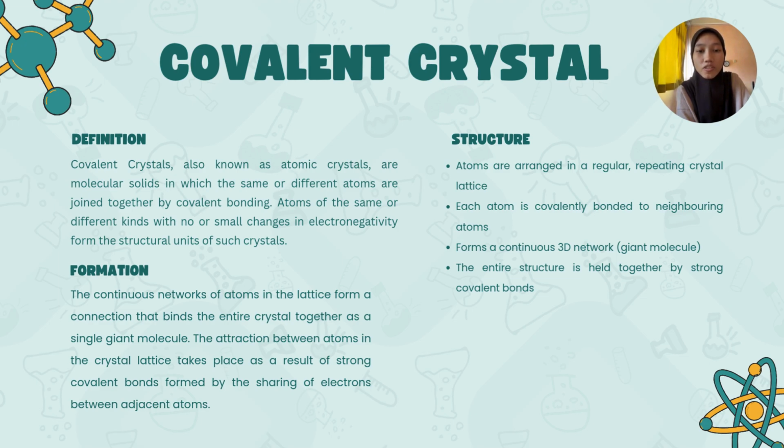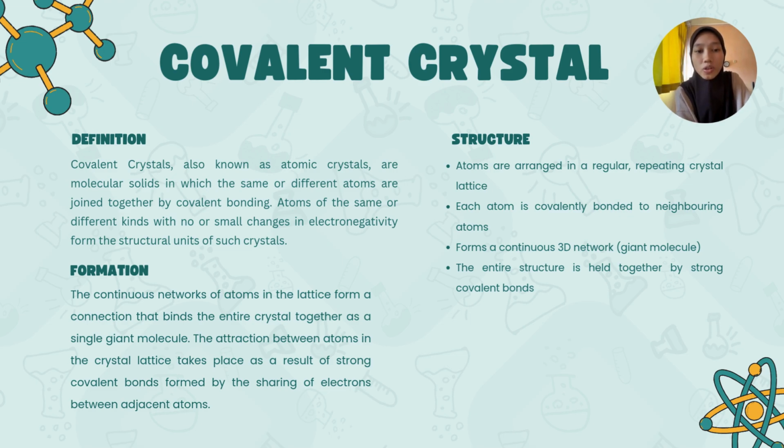The formation of covalent crystal is the continuous network of atoms in the lattice form of connection that binds the entire crystal together as a single giant molecule. The attraction between atoms in the crystal lattice takes place as a result of strong covalent bonds formed by the sharing of electrons between adjacent atoms.